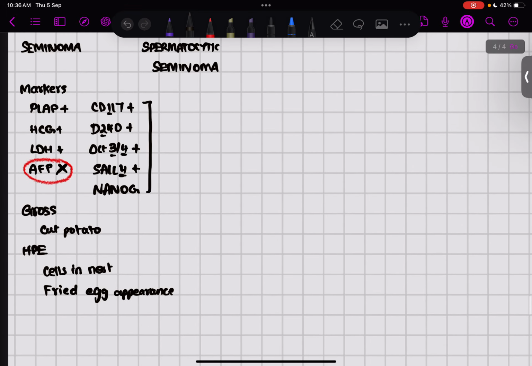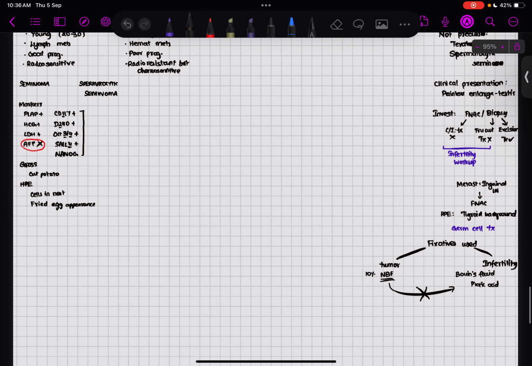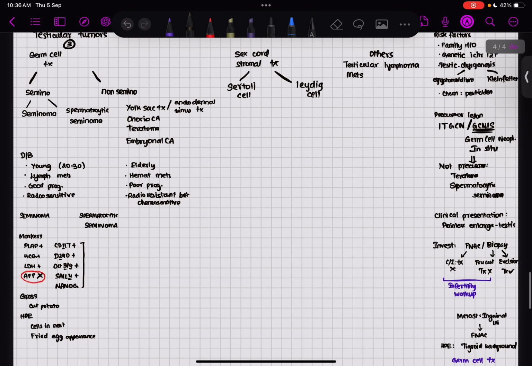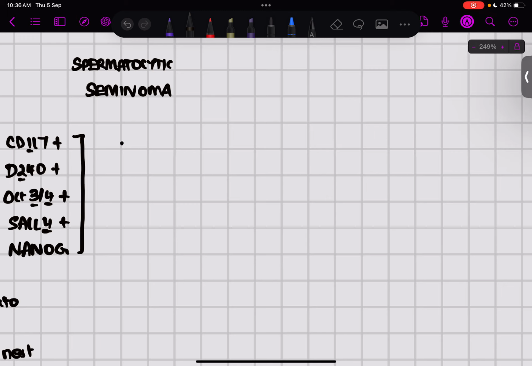Now comes spermatocytic seminoma, which has features: occurs in elderly, and ITGCN, which is nothing but germ cell neoplasia in situ more commonly now. They are not the precursor for spermatocytic seminoma. It has an excellent prognosis and there is no metastasis.